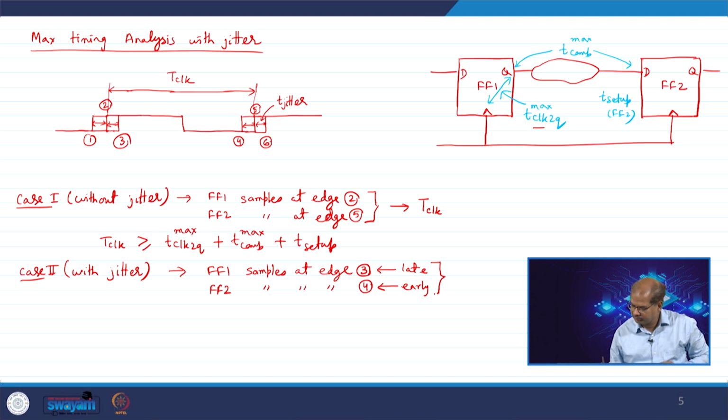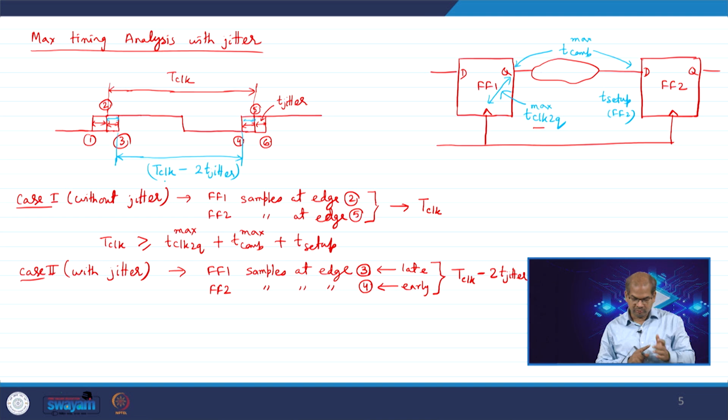In that case, my time period T clock should be reduced by 2 T jitter. This amount will be reduced, this amount will be reduced, and this amount will be reduced. So, my new time period will be from 3 to 4, which is T clock minus 2 T jitter.